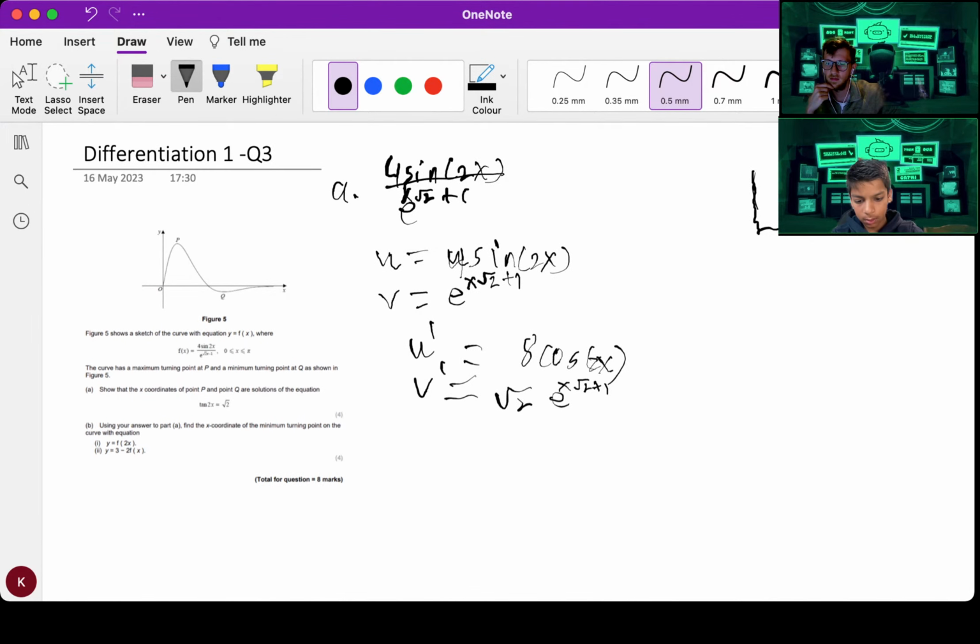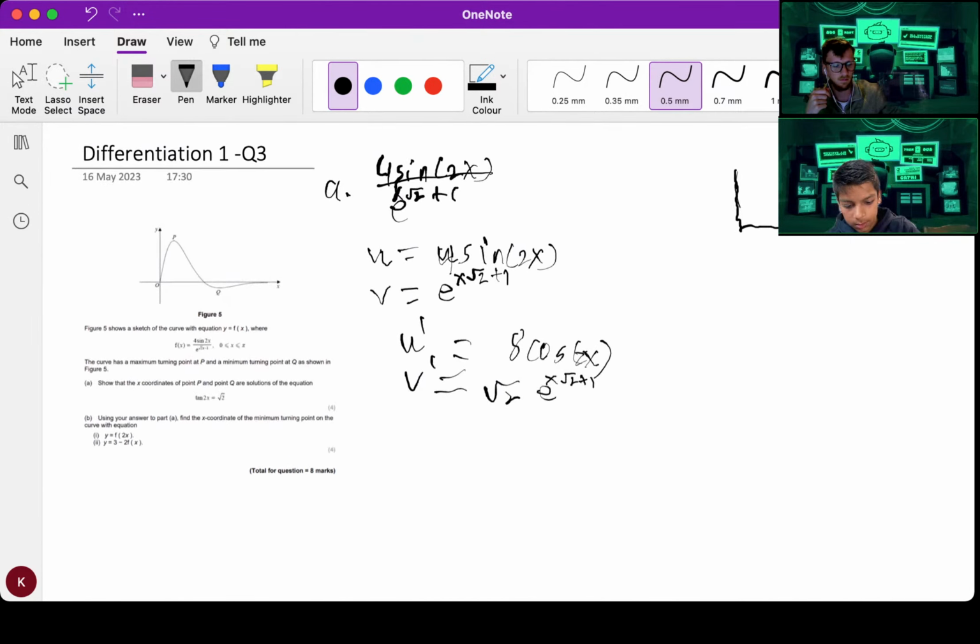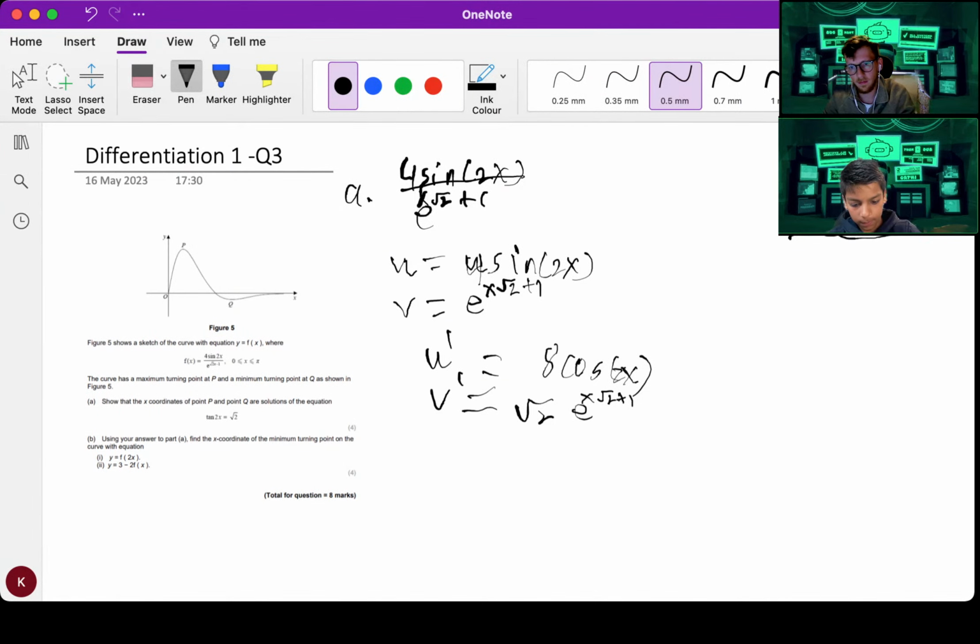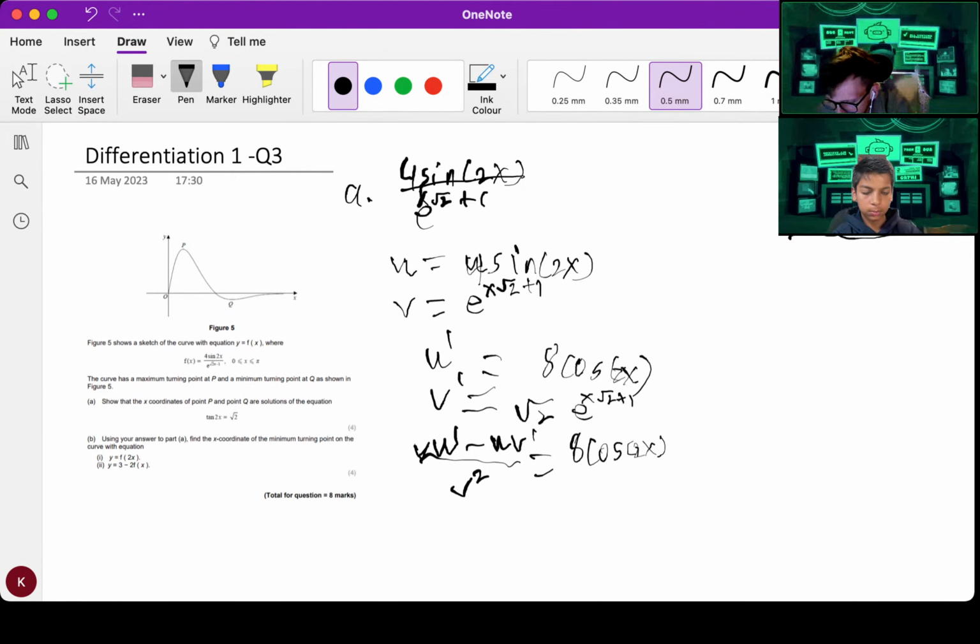So, the quotient rule: v times the derivative of u, minus u times the derivative of v, divided by v squared. That is 8 cos 2x. Oh, I just zoomed in on the question. It's root 2x minus 1, not plus 1, which we've done throughout the question.